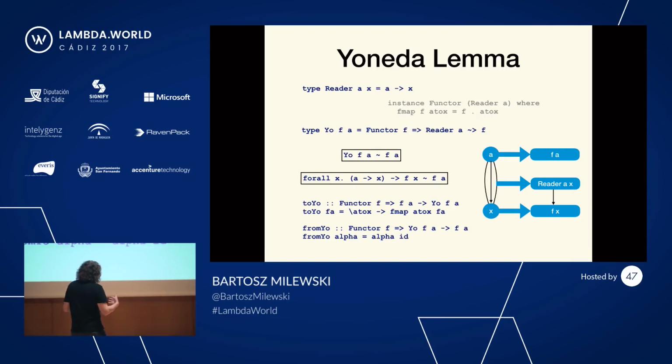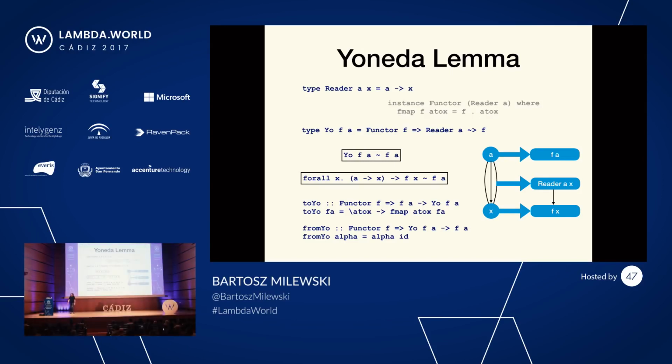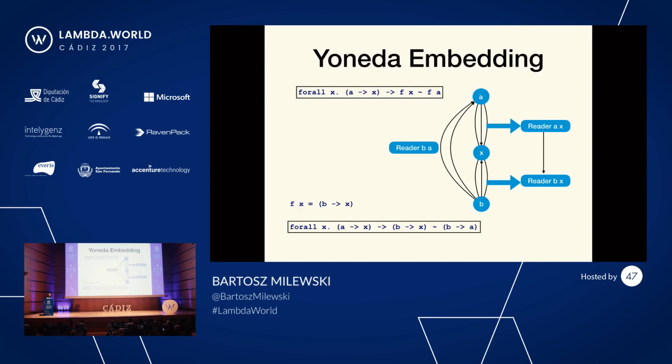Okay? So that's a great point of Yoneda lemma. And here's a little proof that the Yoneda lemma works, and actually it's kind of in Haskell it's almost trivial why this should work.